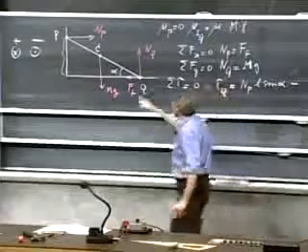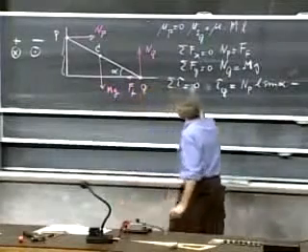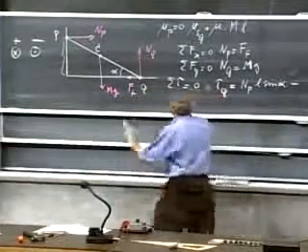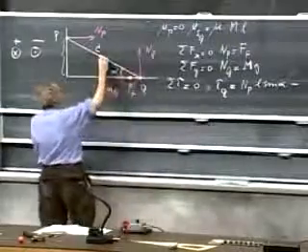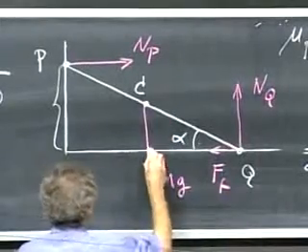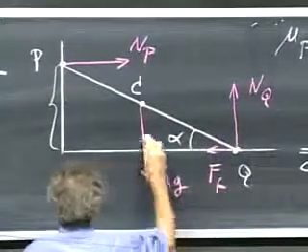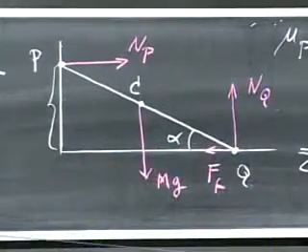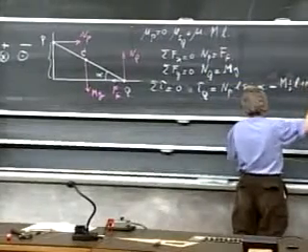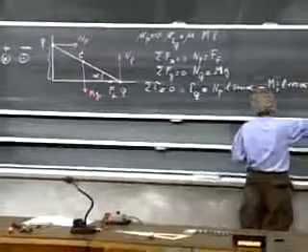The next one, mg, is going to be a negative torque. And so now I need the cross product between the position vector and mg. That is the length here, which is 1/2 L cosine alpha, times mg. So mg times 1/2 L cosine alpha, and that now must be 0.